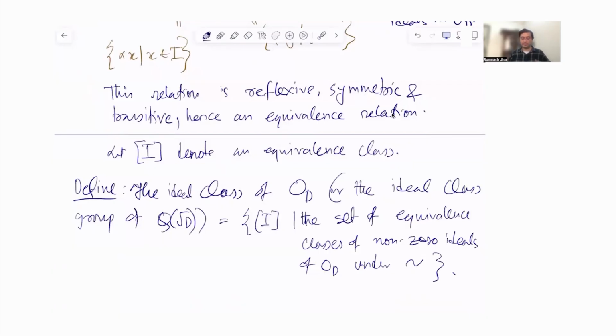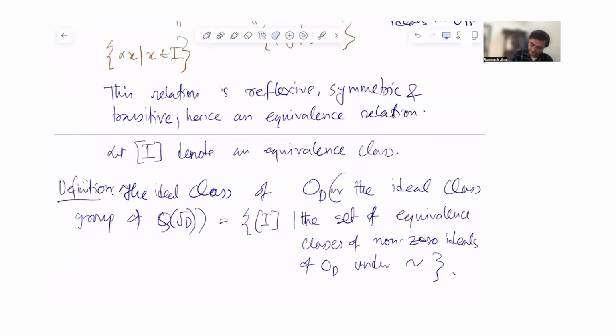So obviously, if we give such a name, then the ideal class group of OD, sometimes also called the ideal class group of Q root D itself, is a set of these equivalence classes.